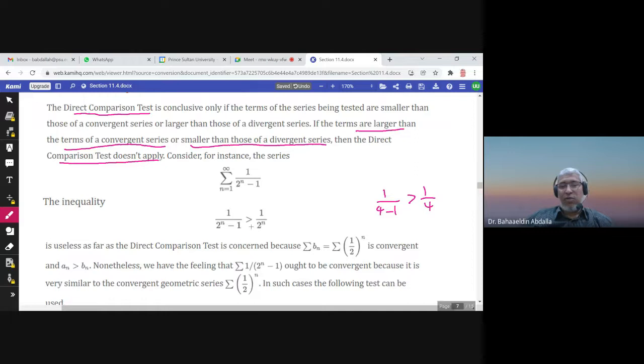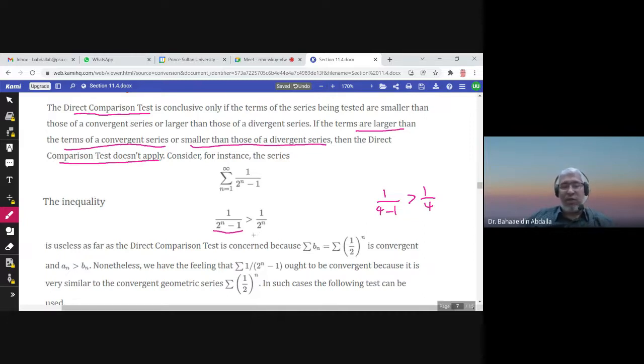So it is not less than, it's greater than 1 over 2 to the power n. And 1 over 2 to the power n is a geometric series with r less than 1, so this is convergent. So the terms of this series are larger than the terms of a convergent series.